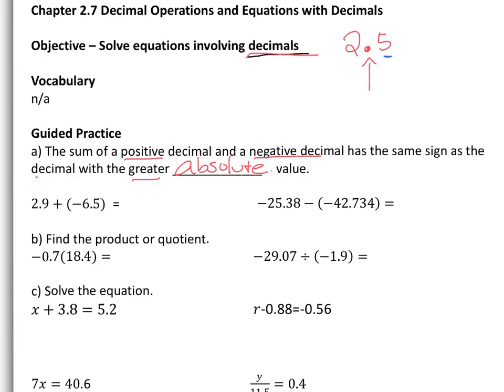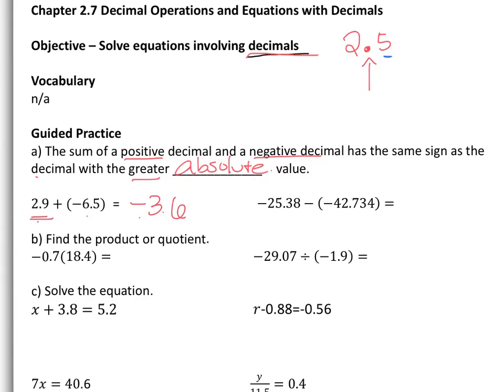You would take the sign with a greater absolute value. So 2.9 plus negative 6.5 gives us negative 3.6. What I did was I took 6.5 and I subtracted that from 2.9. And because the absolute value of negative 6.5 is greater than the absolute value of 2.9, I used a negative sign.